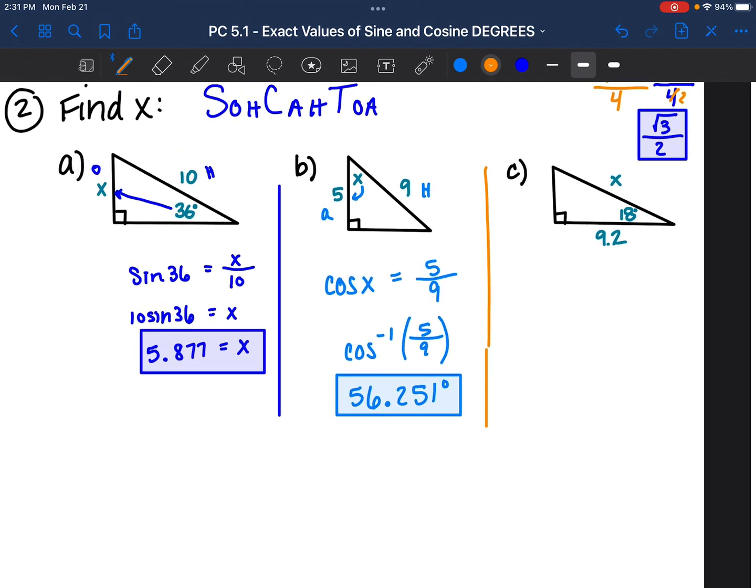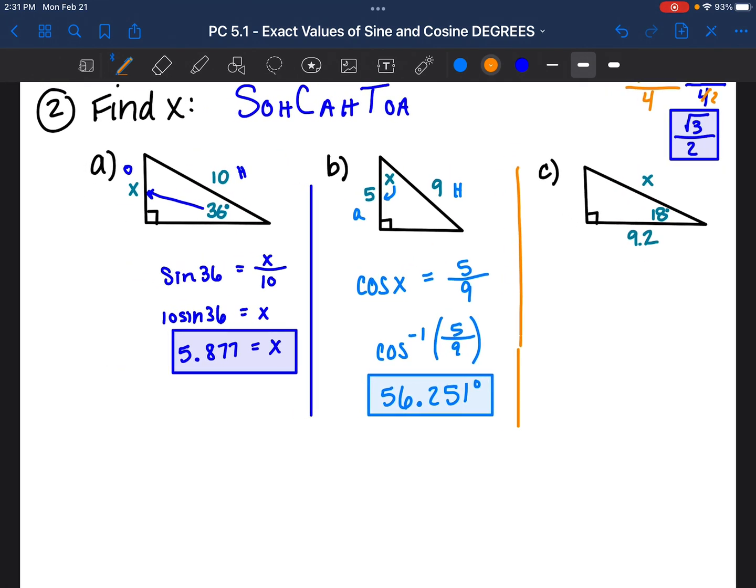And part C. This one is cosine again, so we'll have cosine of 18 equals 9.2 over x. You can multiply by x and divide both sides by cosine of 18.